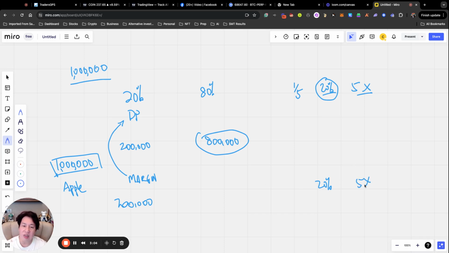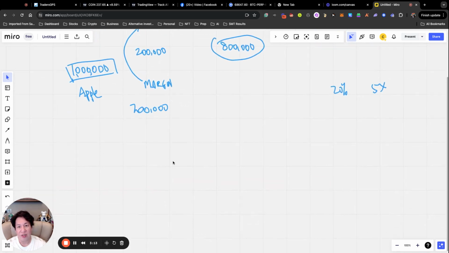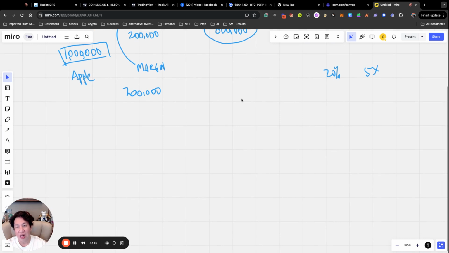Next, what is the benefit of leverage and what is the risk of leverage? Let's talk about the benefit first. Let's say the Apple shares go up 20%, from $1 million to $1.2 million.